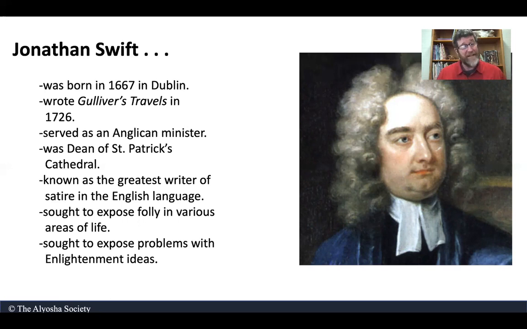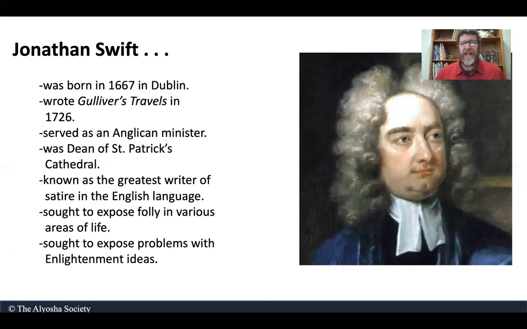Now that's a very bold statement, but that's good to know as you go into reading the book. What is he seeking to do because of all of this? He's an educated man. He's a minister. We know the time period he's living in, and he's seeking to expose folly in various areas of life.